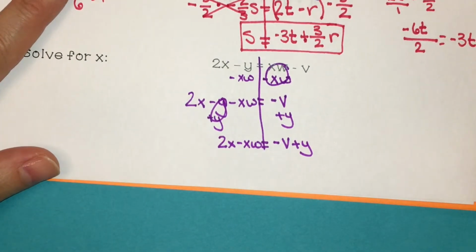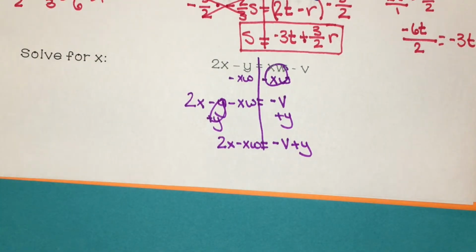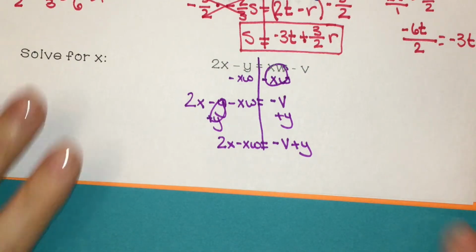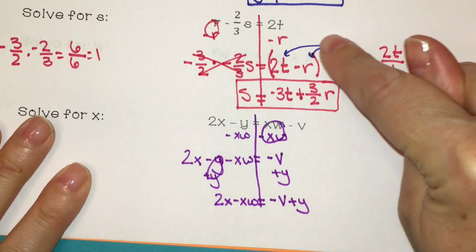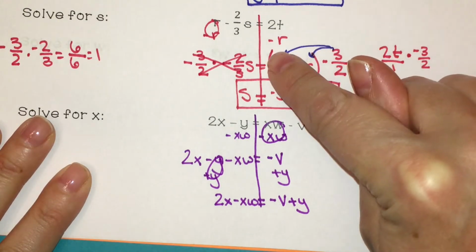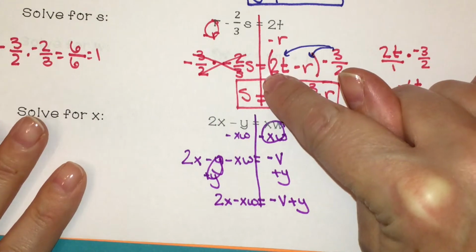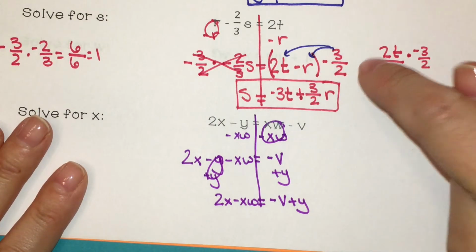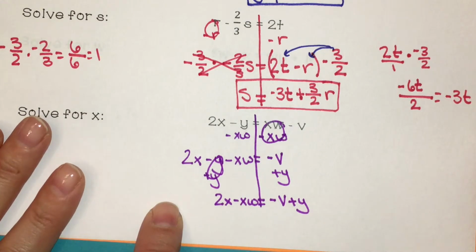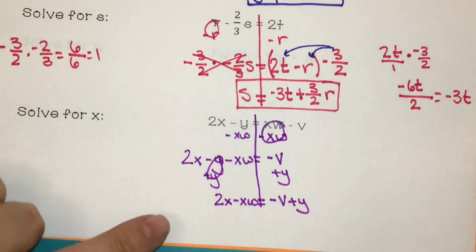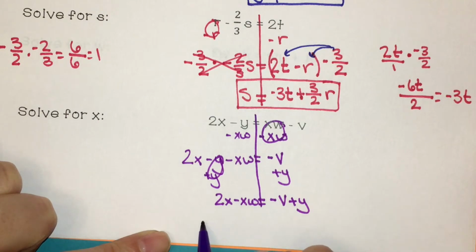Okay, we're basically going to do the opposite of distributing. We're going to factor something out. Remember when we distribute, we have a number that's on the outside that we distribute through and multiply by everything. So we're going to see if there's something that we can divide by or take out that both of these have to the outside. Well, they both have an x term, so I'm going to take it out.